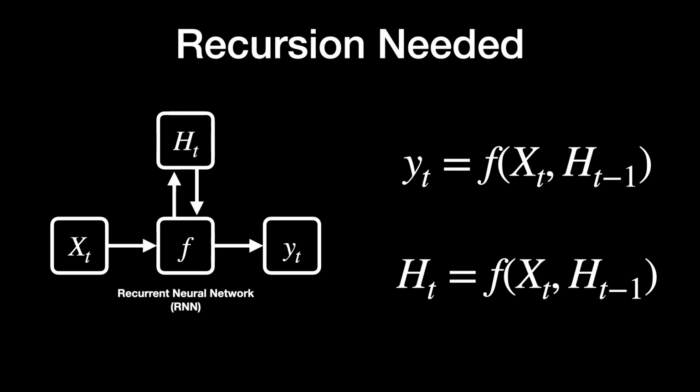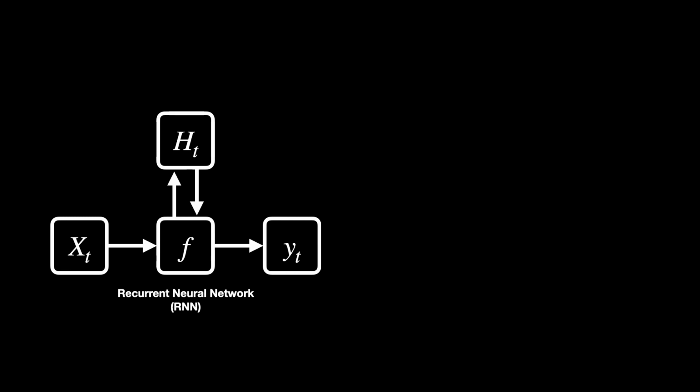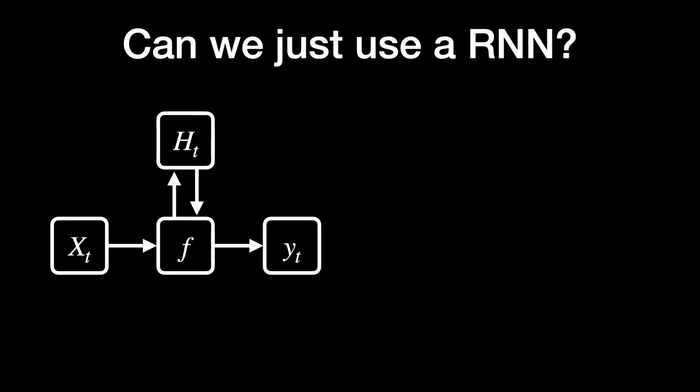And luckily, deep learning has a framework that allows us to take advantage of this recursive framework in an end-to-end differentiable format. And this is where we bring in the concept of recurrent neural networks. We won't go into too much detail about these. Essentially, treat them as a black box for the majority of this talk. But if you have any questions, feel free to email me, and I have my email at the end of the talk. So can we just use a recurrent neural network?